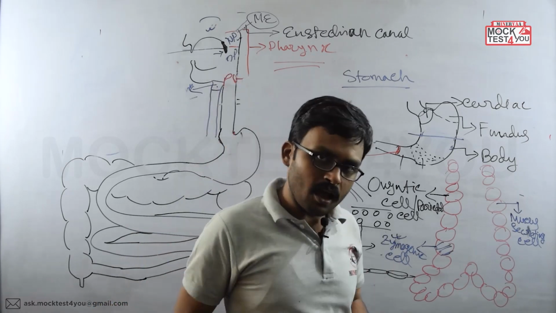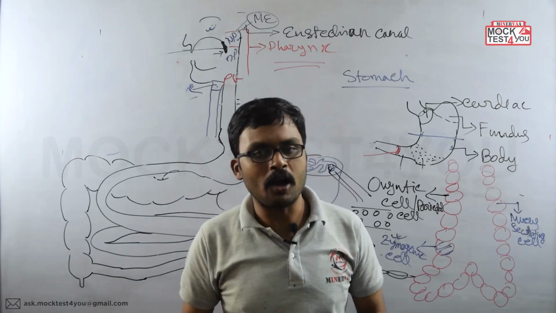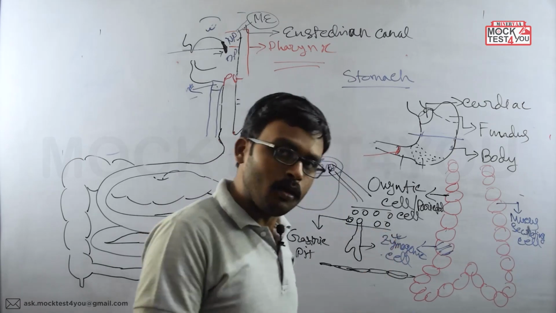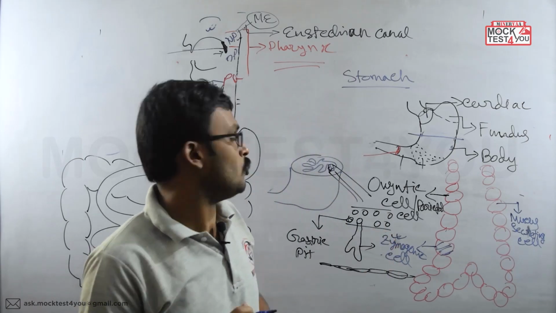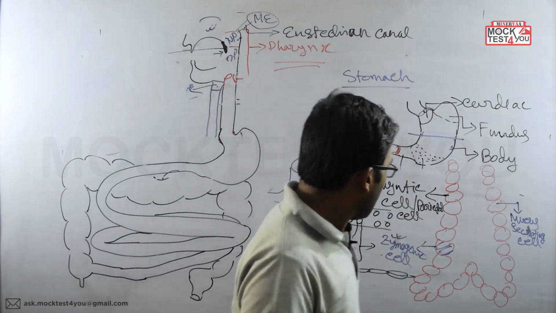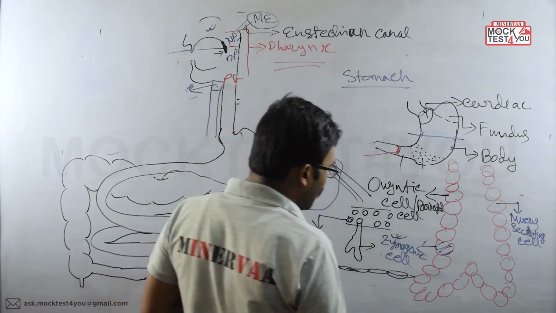We will discuss the function of gastric juice, what enzyme is performing which function, when we discuss digestion, not now. Now we are learning about the structures, and towards the base region we have two more types of cells.